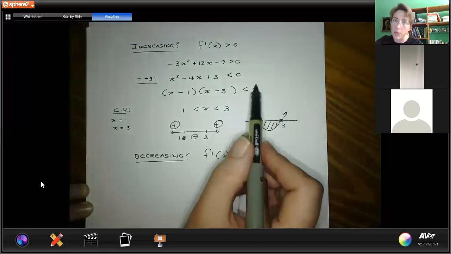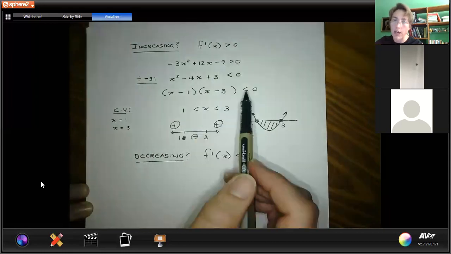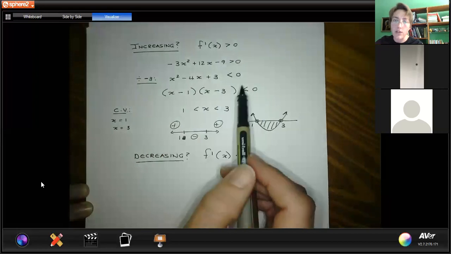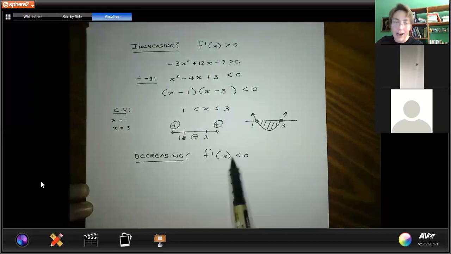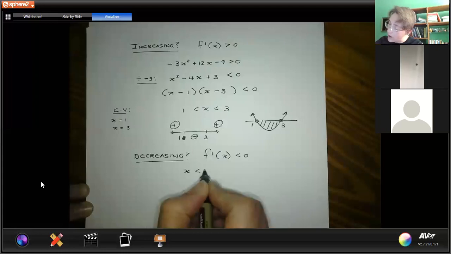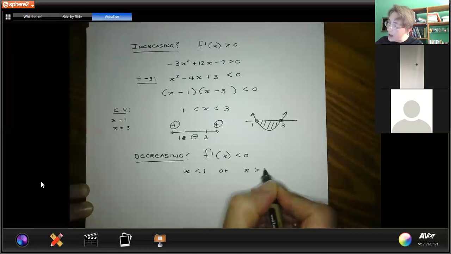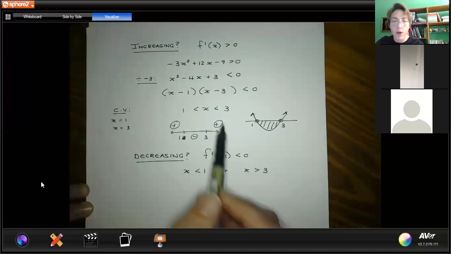I know that sounds a little bit weird because we started with greater than 0 and then we changed it over there. But whatever this one is, if I just flip it, it's going to be the other one. So that means I can just say it's where x is less than 1 or where x is greater than 3.